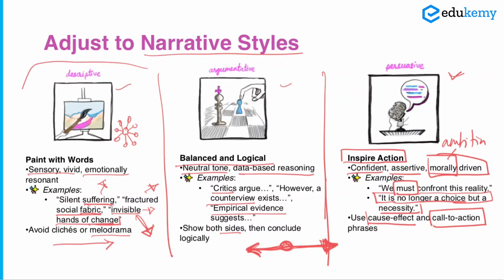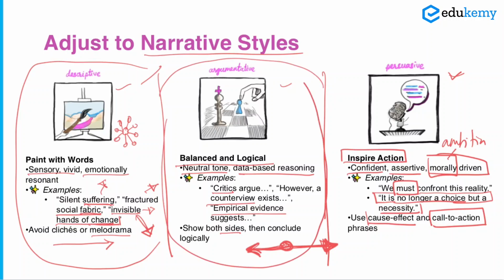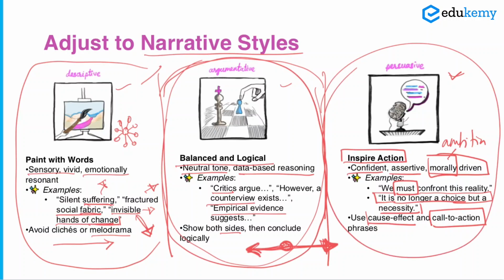We use emotion to paint a picture in one. We use language to touch both sides and measure and balance in one. Whereas in persuasive, we use language that is assertive, moving us in one direction and making a moral plea about what we must do, right?